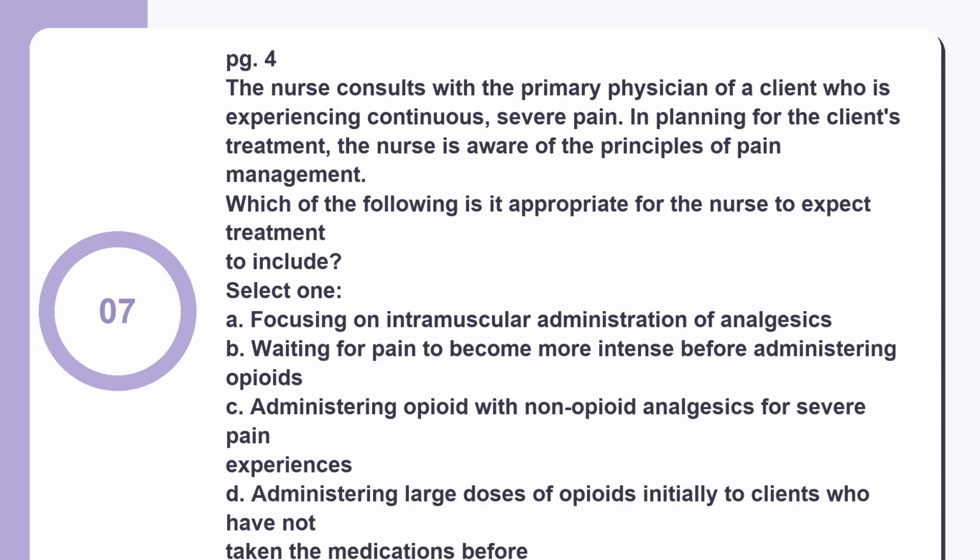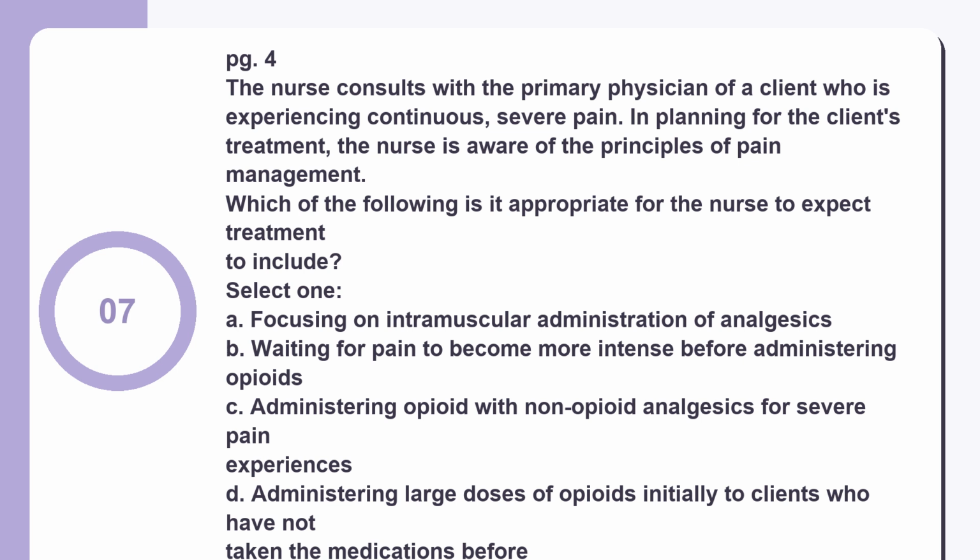Question 7. The nurse consults with the primary physician of a client who is experiencing continuous, severe pain. In planning for the client's treatment, the nurse is aware of the principles of pain management. Which of the following is it appropriate for the nurse to expect treatment to include? Select 1. A. Focusing on intramuscular administration of analgesics. B. Waiting for pain to become more intense before administering opioids.